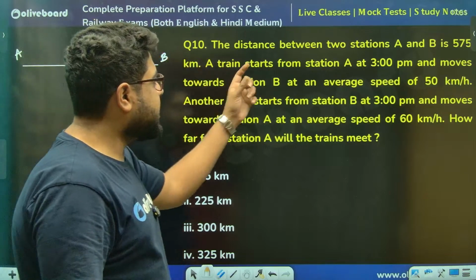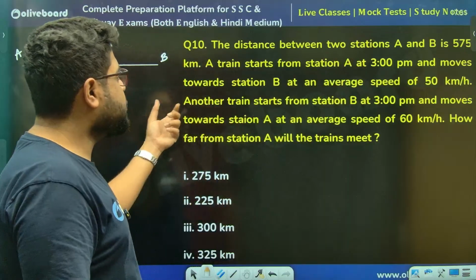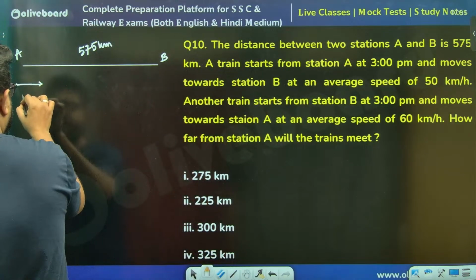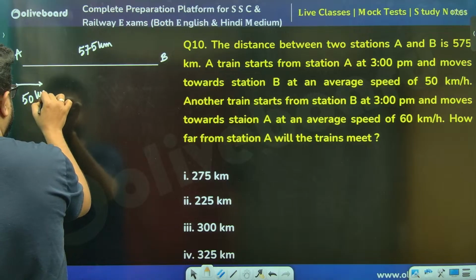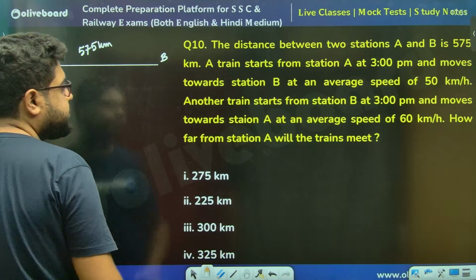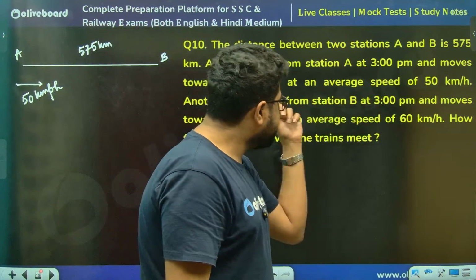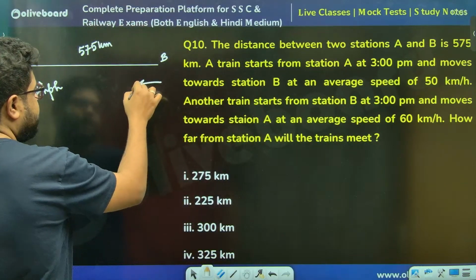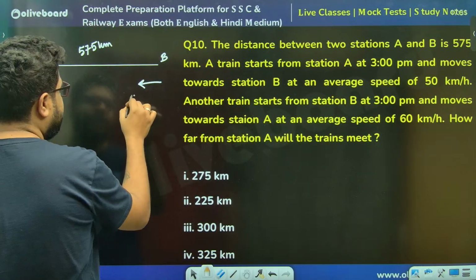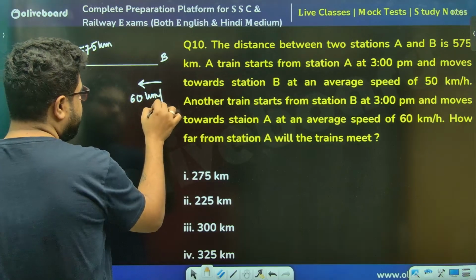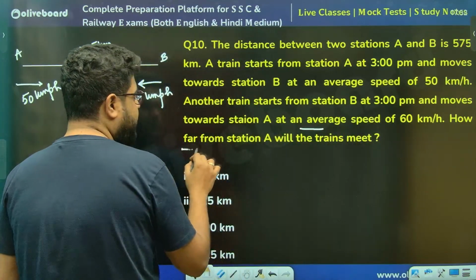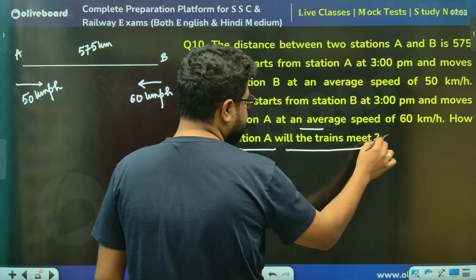Now, a train starts from A at 3 o'clock, moves towards B with a speed of 50 kilometers per hour. And at 3 p.m., the same time, one train started from station B as well with a speed of 60 kilometers per hour. How far from station A will the trains meet?